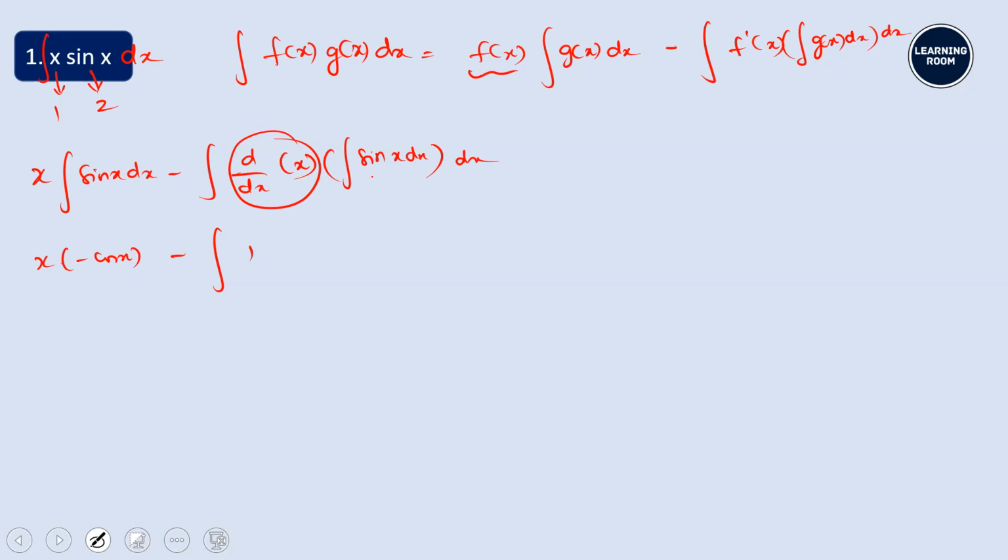So the derivative of x is 1, and the integral of sin x is minus cos x. So what will be the answer? Minus x cos x plus integral of cos x dx. So it will be minus x cos x plus sin x plus c. So this will be the required answer.